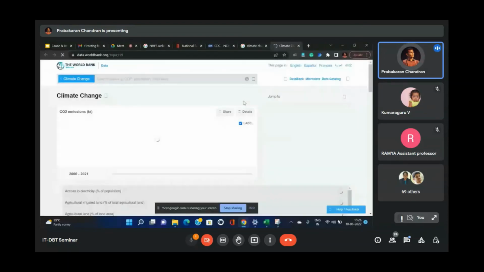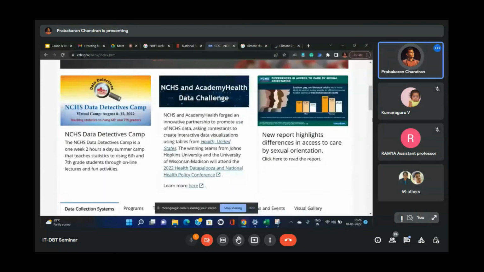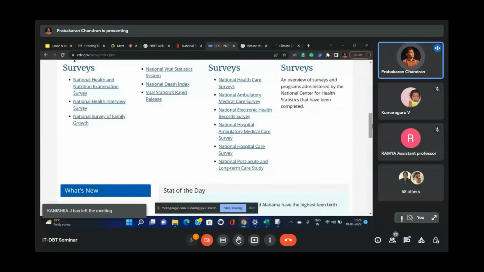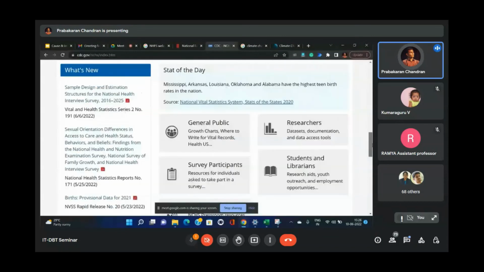They are monitoring and have a lot of data sets related to climate change. You can get the data from here, as well as the health related statistics from the NCHS data set, so that you'll be able to understand the death ratio, any new diseases, or the implications on the public health system. Those kinds of analysis you can perform, and if you need, you can build deep learning on top of that to understand it, or even to predict the future.